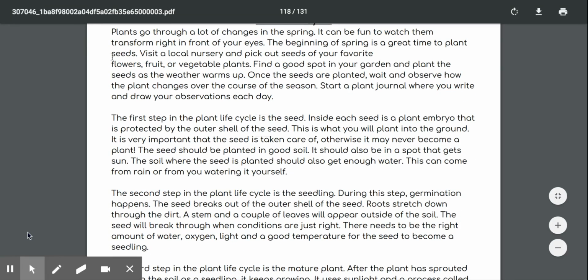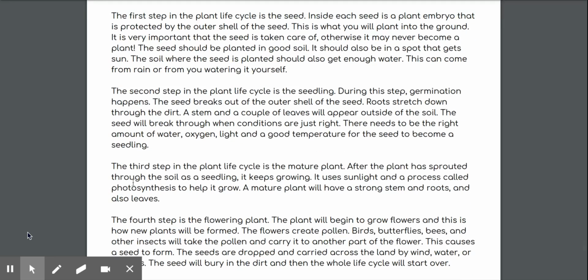So paragraph 1, paragraph 2, paragraph 3, paragraph 4. So this is where we see paragraph 4. I'll make a little star right here. So you need to reread paragraph 4 and write a sentence to tell the main idea of just this one paragraph.